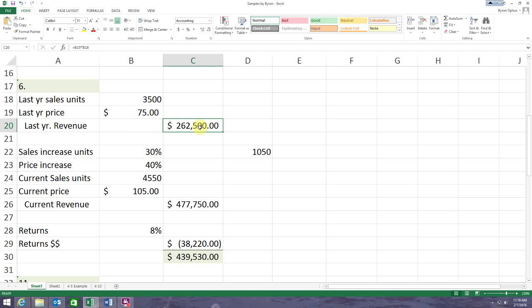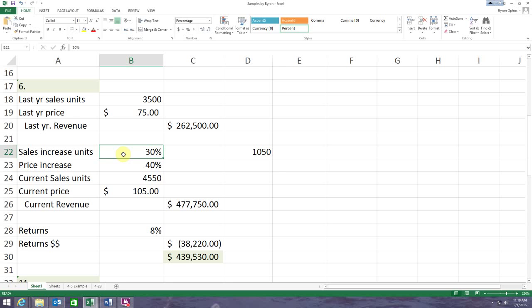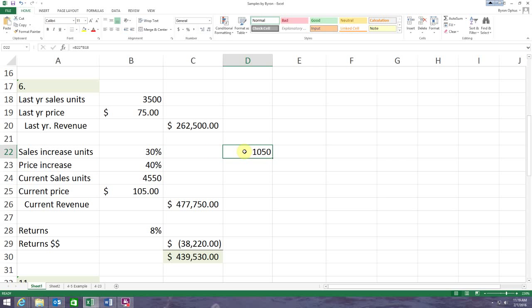So last year's revenue was equal to my price per unit times my number of units, or 262,500, right? Okay. And then I just put my information down. My sales increase 30%. My price increases 40%. Okay. First I wanted to see what my unit increase was.